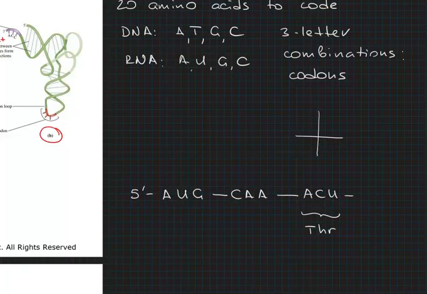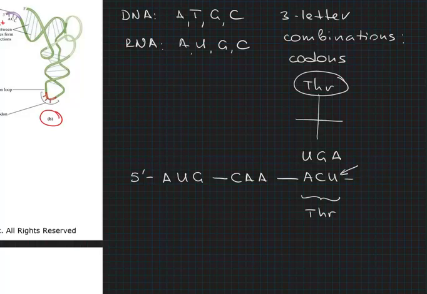Does that make sense? So the tRNA molecule, I'm going to use the schematic representation as a cross, okay? That tRNA molecule is going to have its anticodon complementary to ACU: U, G, A. And on the acceptor stem, there's going to be the amino acid threonine. Does that make sense? So this is the codon, and this is the anticodon.